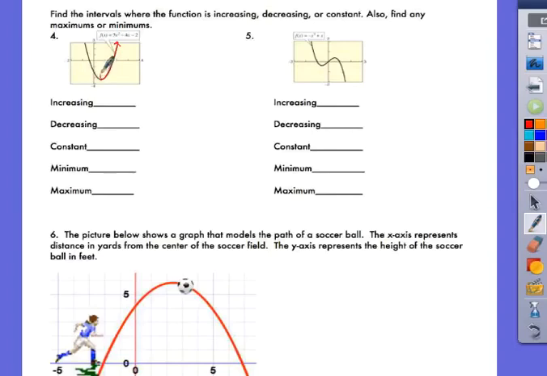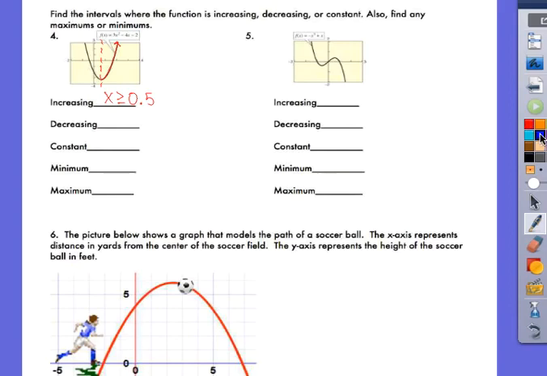So you want to estimate about where is that? What x value do you think that's about at? 0.5 maybe? 0.6? We can go with 0.5, somewhere in there. So it's increasing for the x values that are greater than or equal to 0.5. Sure, we can use that as long as you're close.